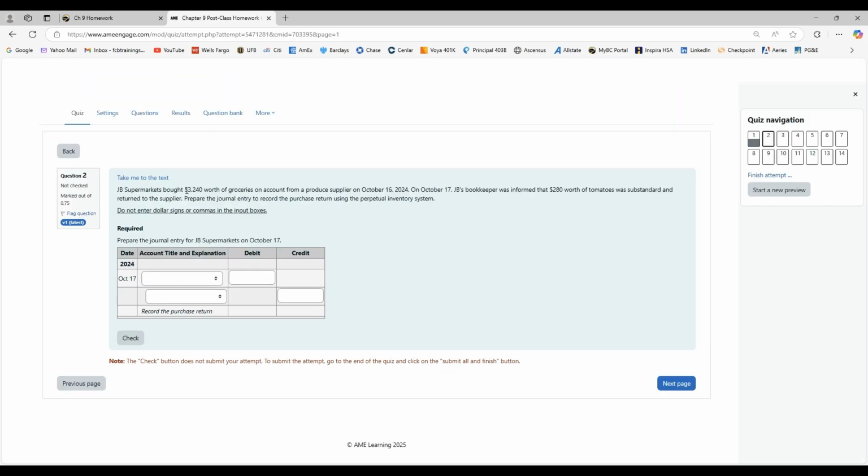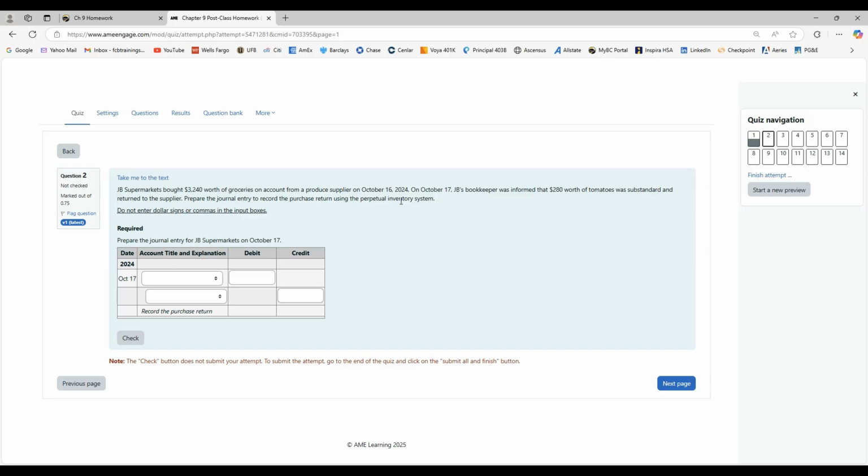Okay, so this supermarket bought $3,240 worth of groceries on account from a produce supplier on October 16th, 2024. On the 17th, the bookkeeper was informed that $280 worth of tomatoes were substandard and returned to the supplier. Prepare the journal entry to record the purchase return using the perpetual inventory system.